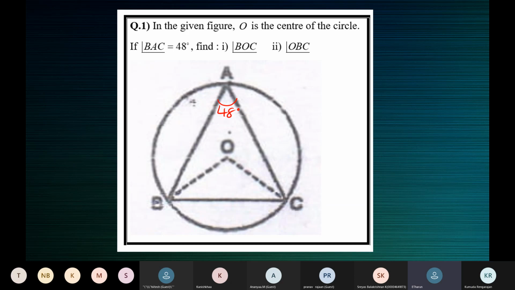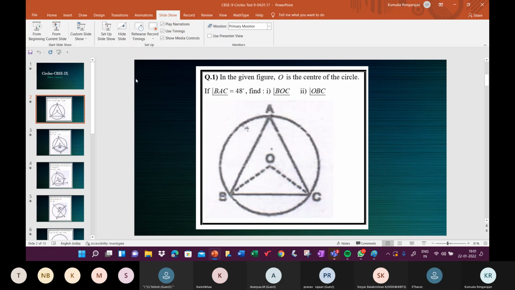Ma'am, you want to send this first one alone, ma'am? No, darling, not the first one alone. Okay, I'll tell you. I'll message in the group, children. All the theorems. Let me show you. Pranav Rajan. I'll show you now.